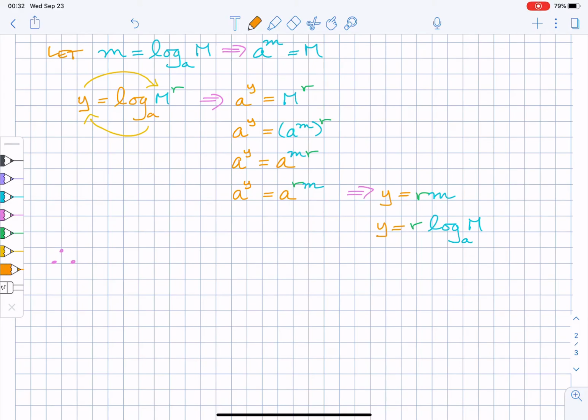So we have that log base a of m raised to the r is equivalent to r times log base a of m. And this is known as the power rule. Power rule, because it deals with an exponent or power.